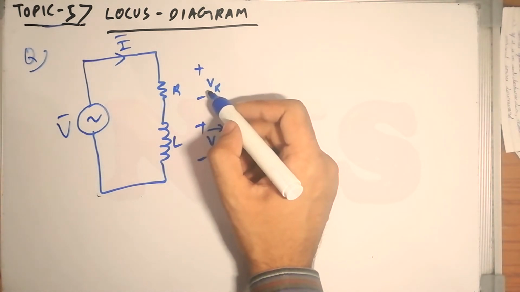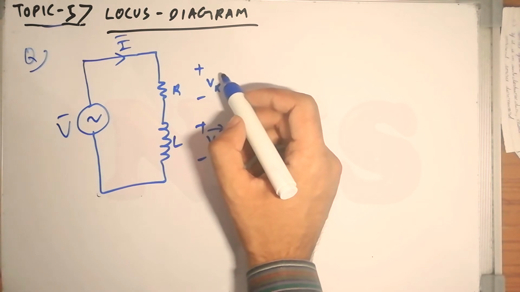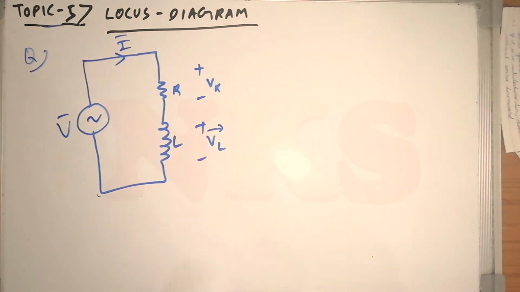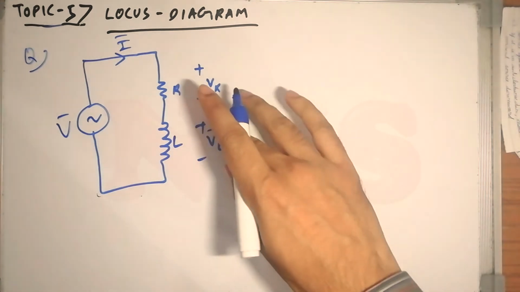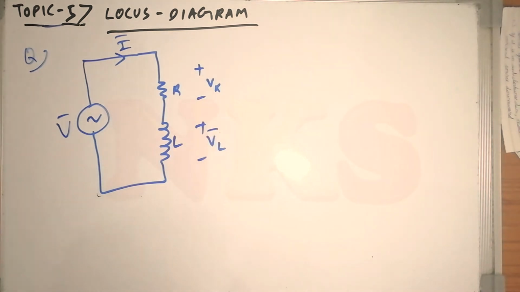Now the question is, draw the phasor for this given circuit. We know that this is an inductive circuit.